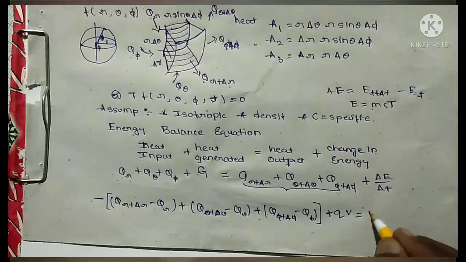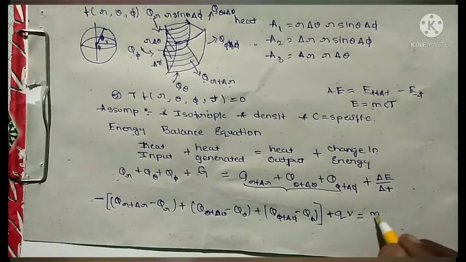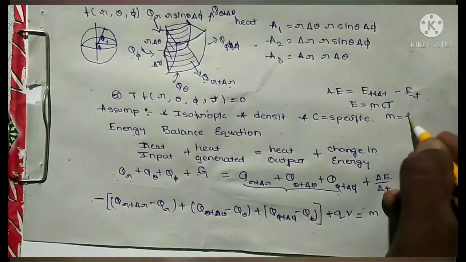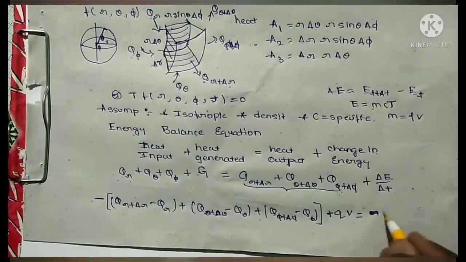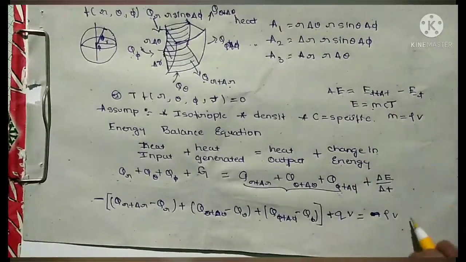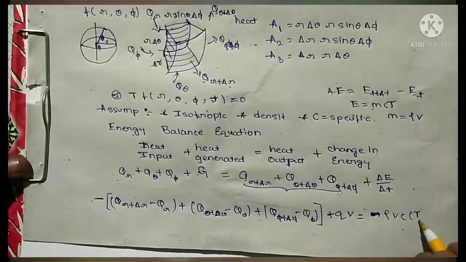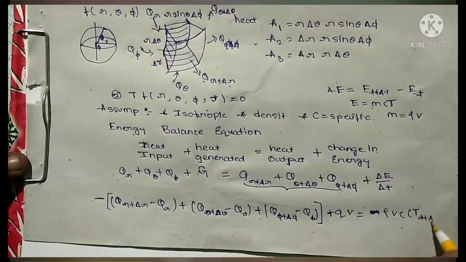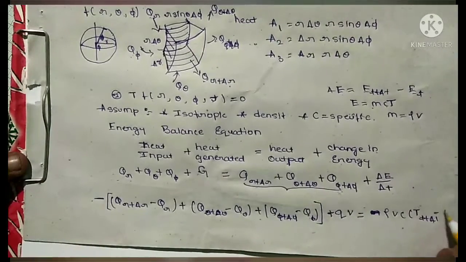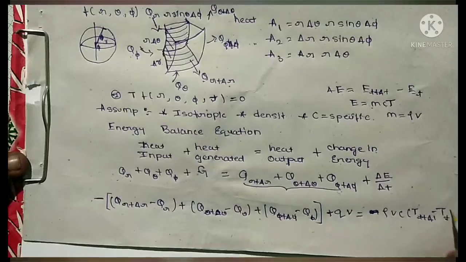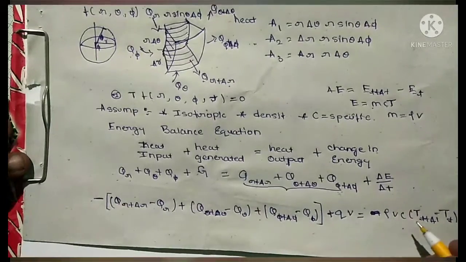With respect to all these, M is nothing but rho into V. So I can write here rho into V into C, temperature at T plus delta T minus temperature at T. Okay, this we have to consider.